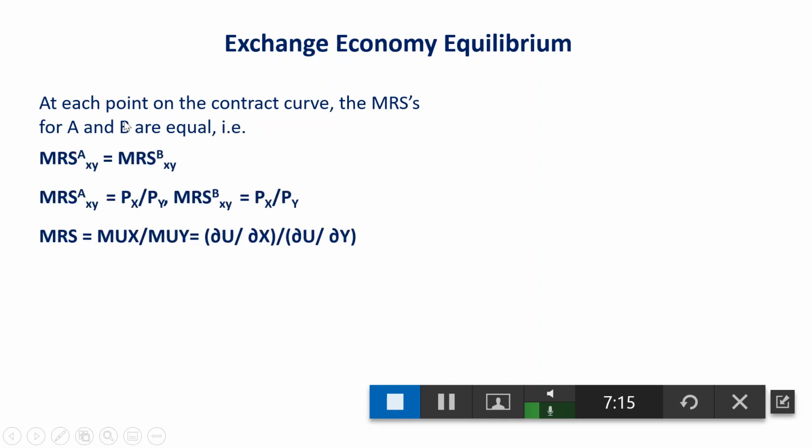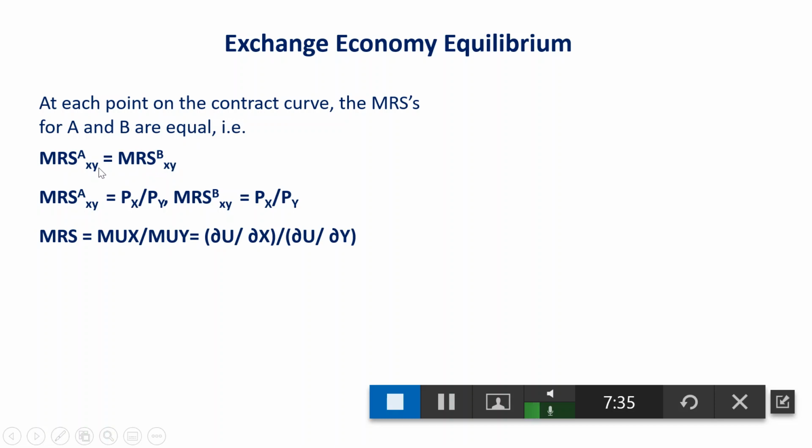For that, at each point on the contract curve, the marginal rate of substitution for A and B are equal, because at the optimal point the utility curves for A and B are tangent to each other.